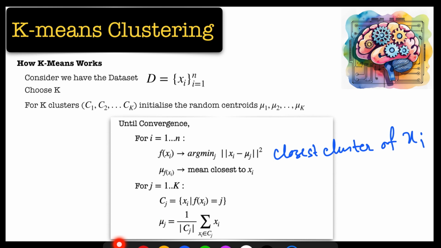That is mu j, the center of the cluster. So in this part, we are assigning data points to the closest cluster. And in this part, for each cluster, we are recomputing the cluster centroid and assigning proper data points to the cluster. So this we'll do until convergence.